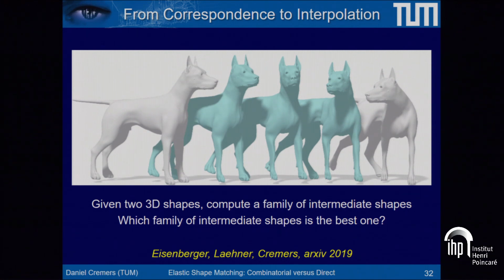This is work, I should say, by Marvin and Zora, fairly recent results. So what we want to compute is a family of intermediate shapes that somehow interpolate between this dog and that dog. And obviously there's infinitely many possible intermediate shapes, so the question is, how do we formalize the problem? Which interpolation should we go for?